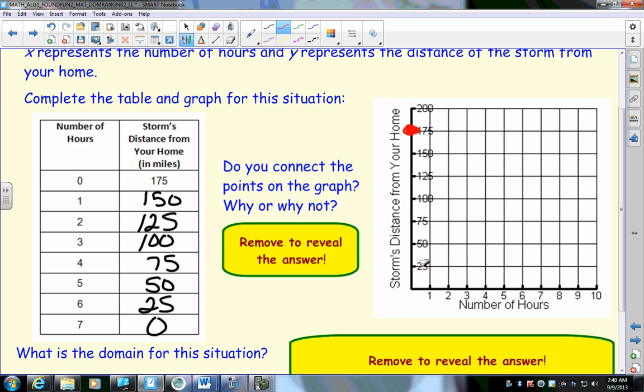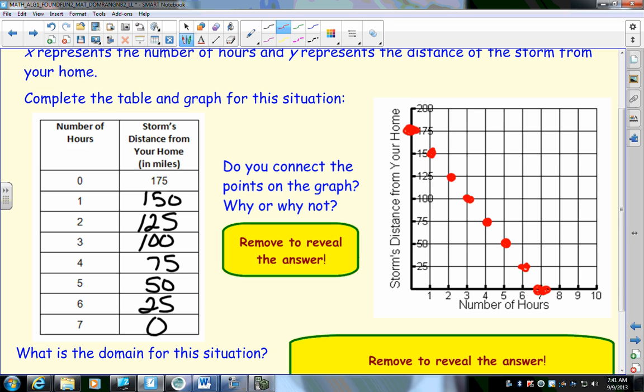That's the initial point where we're finding our value. That's our constant. 1 and 150. 2 and 125. 3 and 100. 4 and 75. 5 and 50. 6 and 25. 7 and 0.